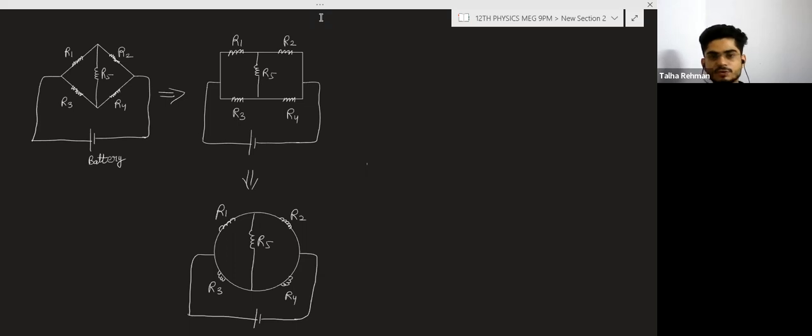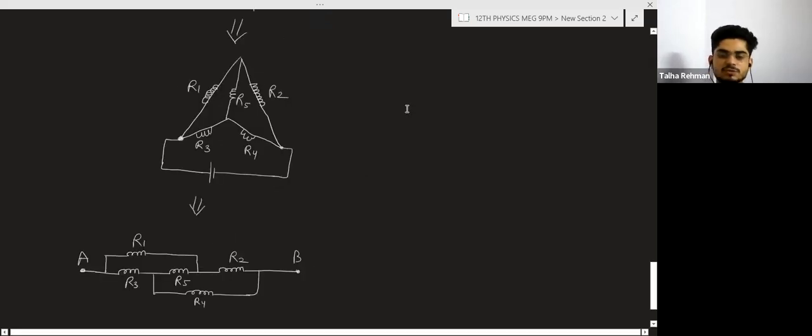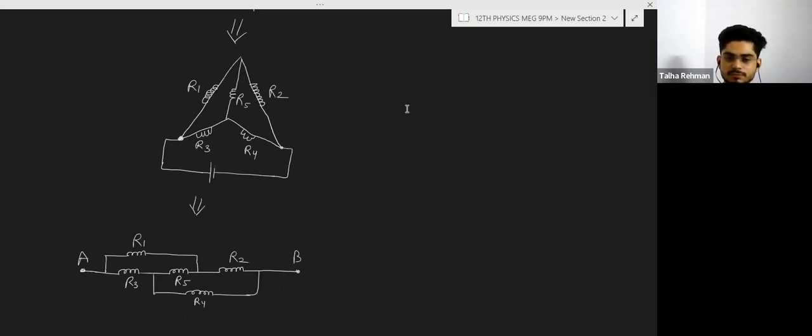So I think you have taken the screenshot of this. Now take the screenshot of this also. In circuit analysis, one circuit can be drawn in many forms. You will get the same equivalent resistance.